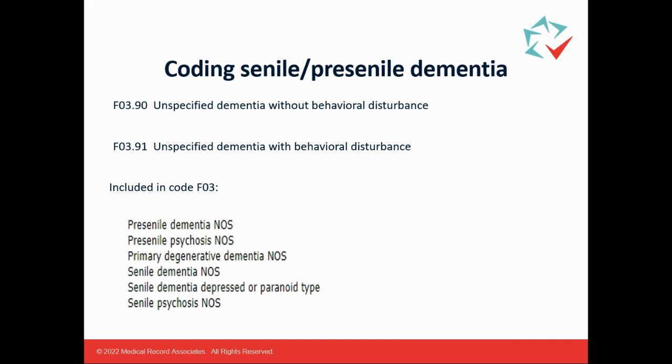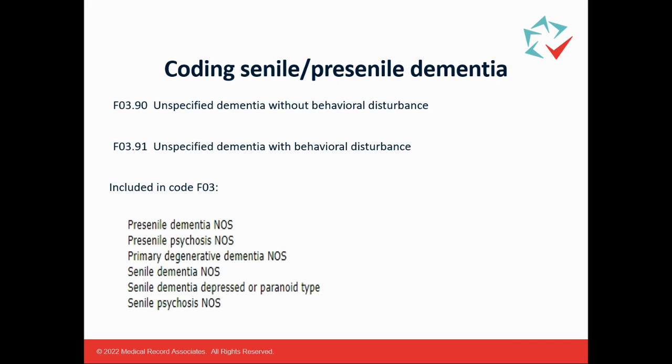So how do you code senile or pre-senile dementia? You will use code F03.90, which is classified as unspecified dementia without behavioral disturbance, or F03.91, unspecified dementia with behavioral disturbance.